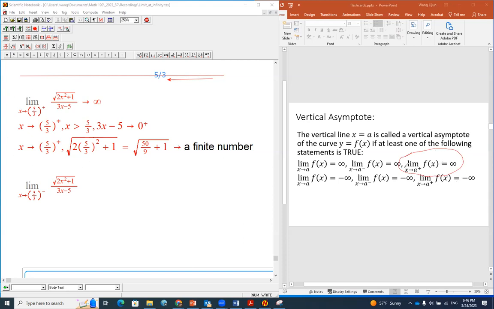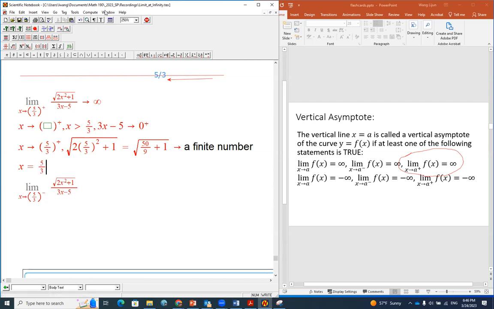Therefore, by definition of vertical asymptote, you can say x equals 5/3 is a vertical asymptote. Is a vertical asymptote.